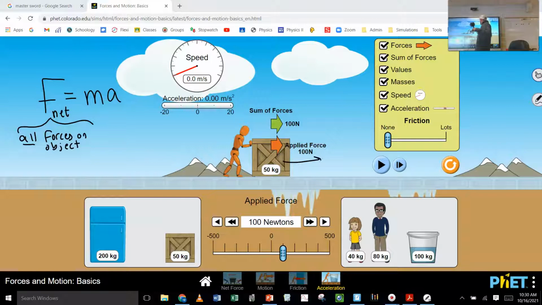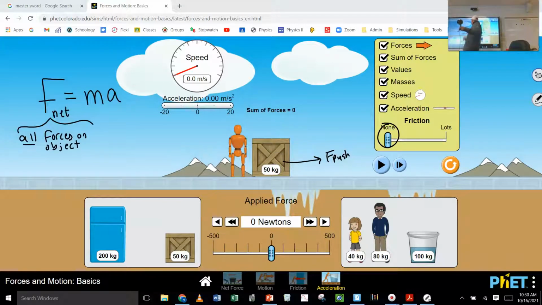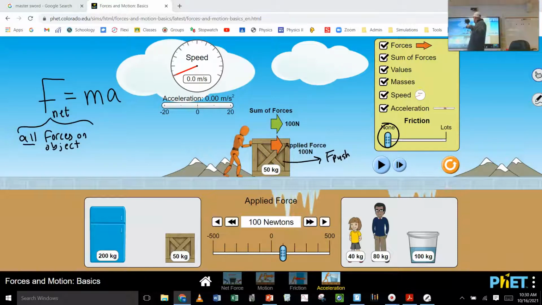Now, there's no friction, so that means there's no force going back this way. There is gravity. But there's also a supporting force provided by the ground, and those are canceling out for right now. It doesn't matter what this thing weighs, suffice to say that there's an upward force.